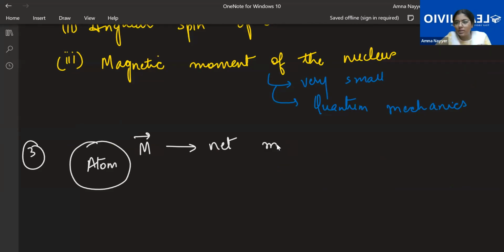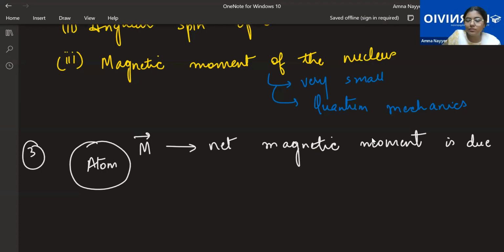All the electrons have contributed, and finally you're giving the net magnetic moment, not just because of one single electron. Okay, all right, write it till here.